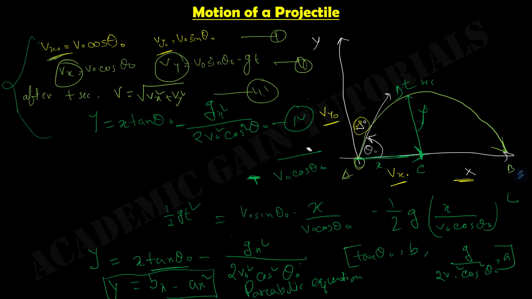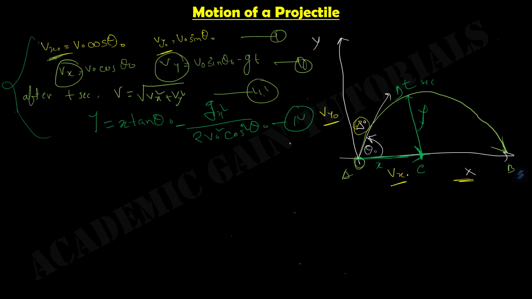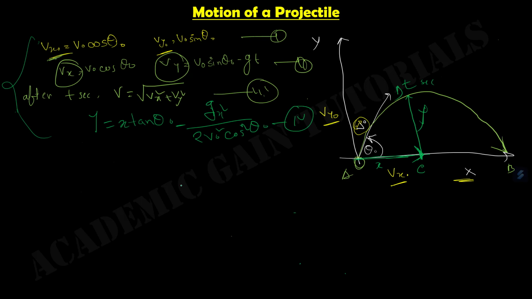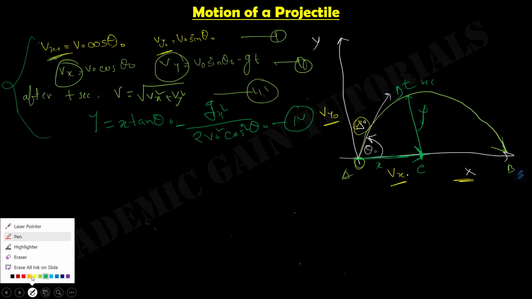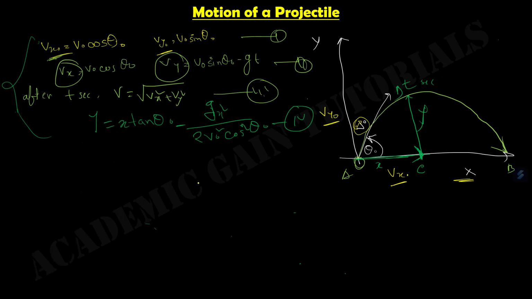Let me first clear the board. So there are two or three points we have to learn. The first one is maximum height. Our projectile will gain a maximum height.